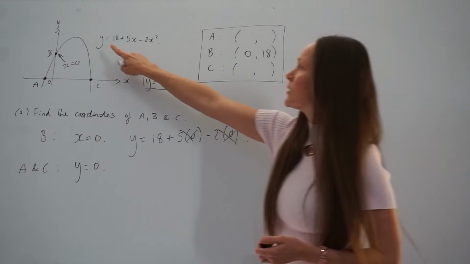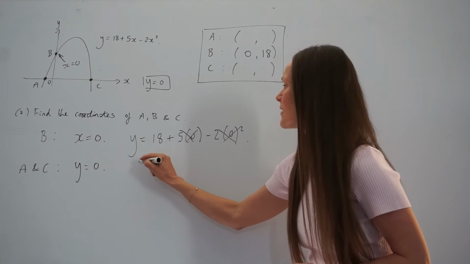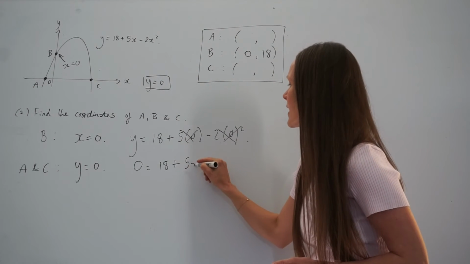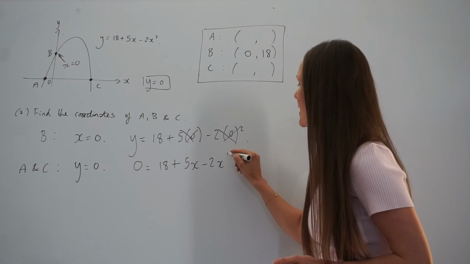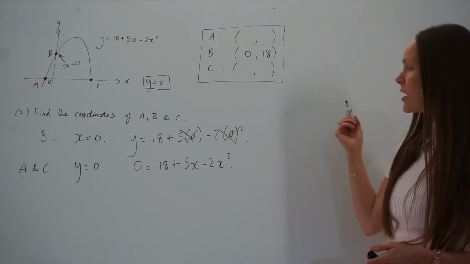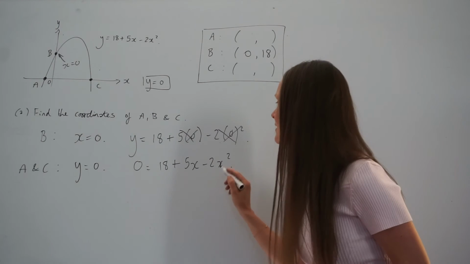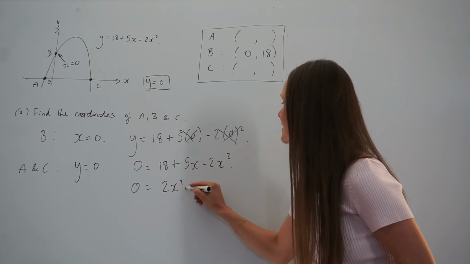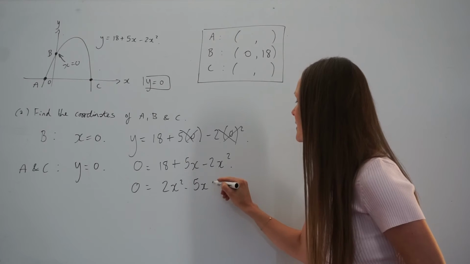Okay, so instead of y equals, we have 0 equals 18 plus 5x minus 2x squared, and now we have to solve this quadratic equation. Okay, I'm just going to reverse the signs here so that I have positive 2x squared instead, negative 5x, negative 18.